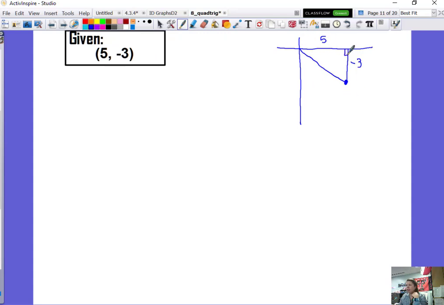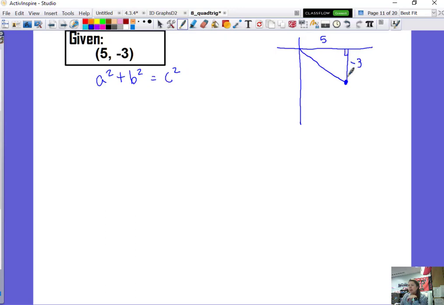If I know that it's a right triangle, I can find some other information out about it. I know how to solve for the sides of a right triangle if I'm given 2 of them, 5 and negative 3. So I have the Pythagorean theorem, a squared plus b squared equals c squared.